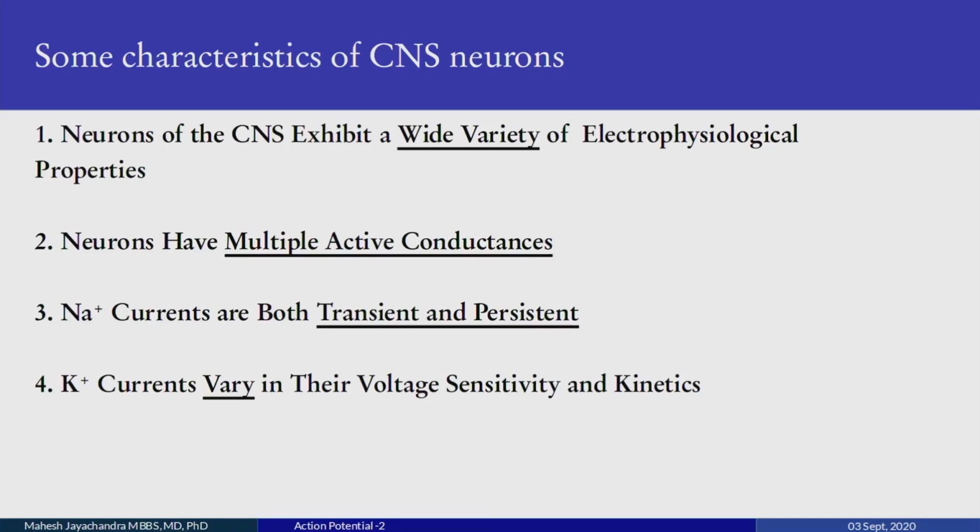But the details vary. In the human central nervous system, neurons exhibit a wide variety of electrophysiological properties. They have multiple conductances, not just sodium and potassium, you also have calcium. And you have different types of sodium, potassium, and calcium conductances.